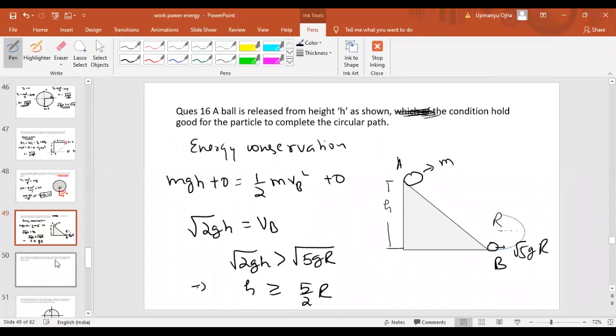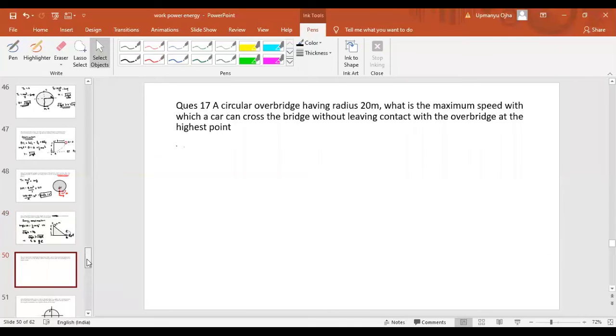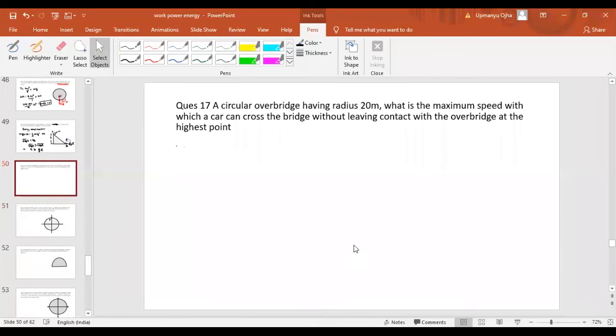Fine. Next, the problem is that a circular overbridge has a radius of 20 meter. What is the maximum speed with which the car can cross the bridge without leaving contact with the overbridge at the highest point?